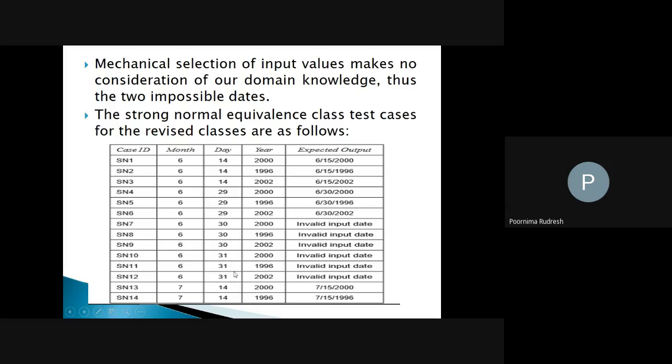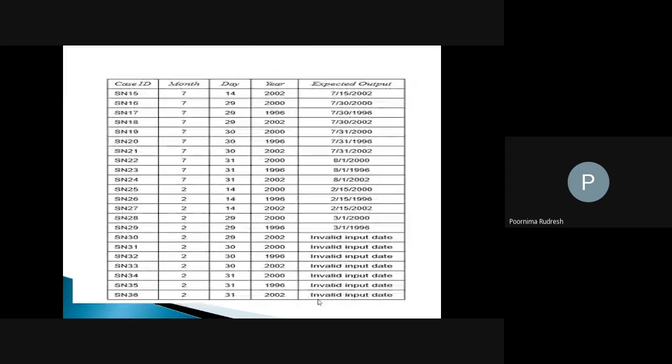And next one is 7, 14 and 2000, it is within the range, and it will display the next date. If the present day is 14th July, the next day is 15th July. Similarly for 14th July 1996, it will display 15th July 1996. So it will display the correct date if a valid input is given. Otherwise it will display the error message as invalid input date.